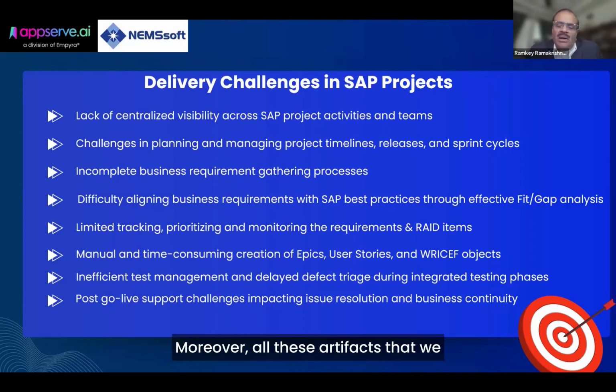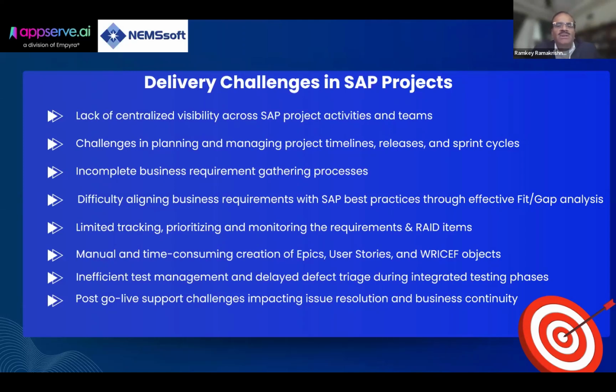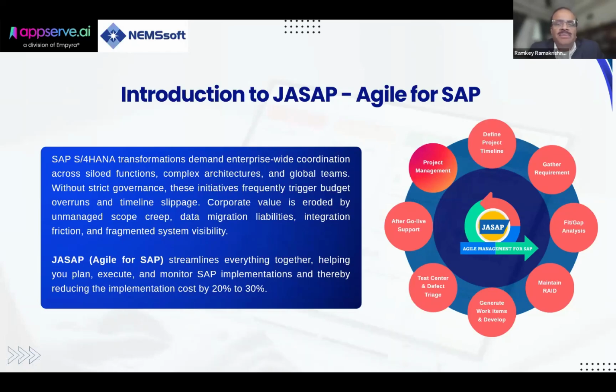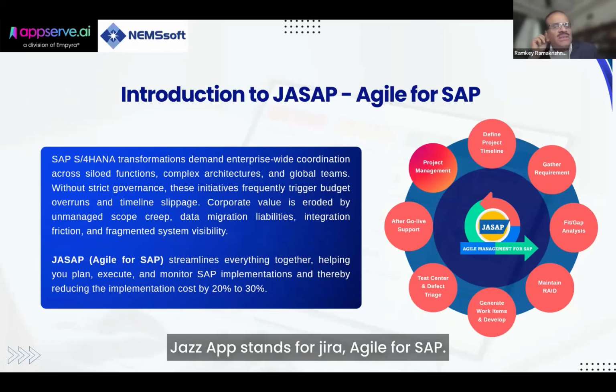Moreover, all these artifacts that we create in a project should be put in one place, and saved not only for the project duration, but also for after go-live support challenges. So these are the challenges. We want to have a tool which will address all of them. With this idea, we landed up creating the tool called JASAP. JASAP stands for Jira Agile for SAP.